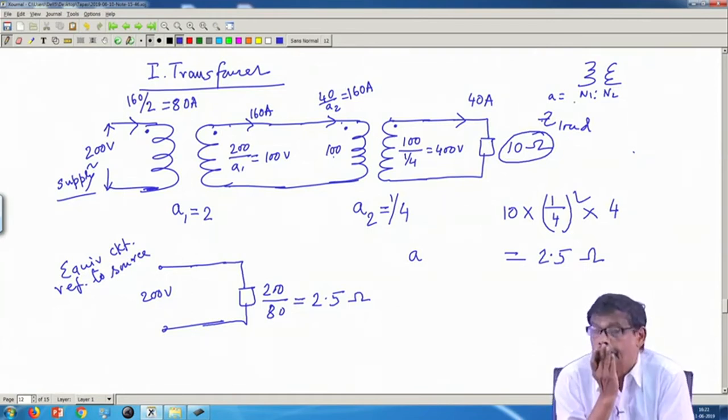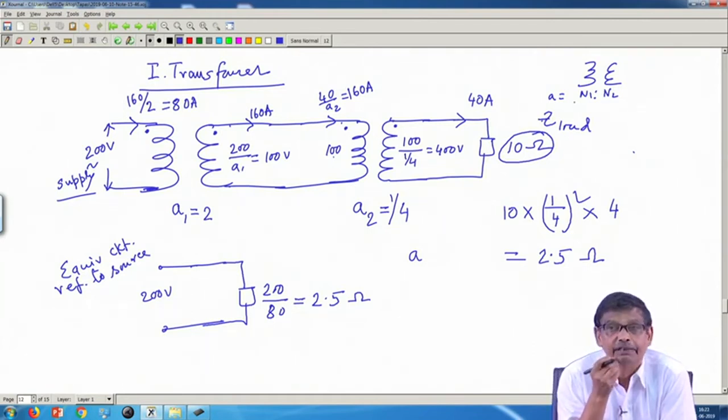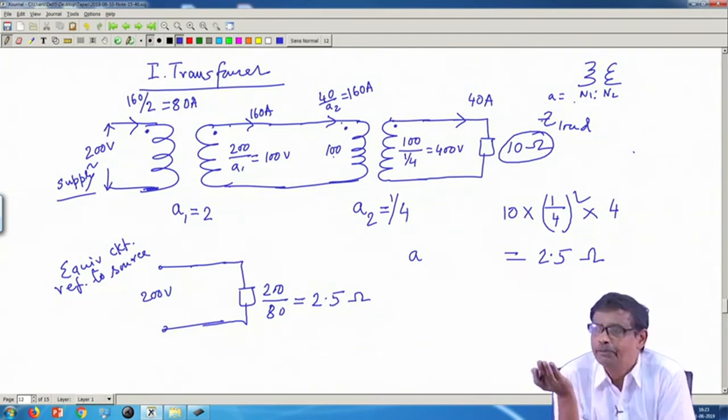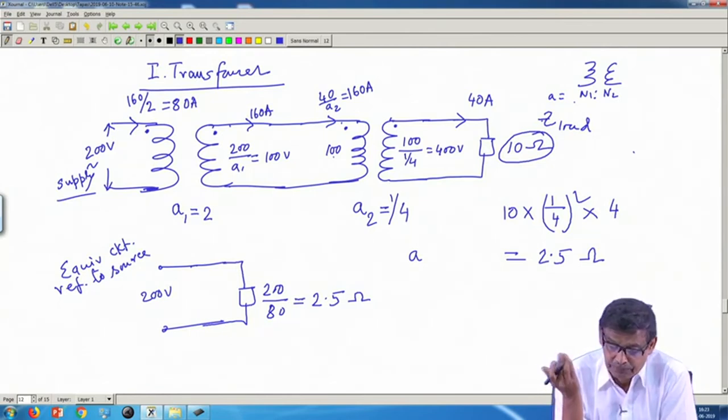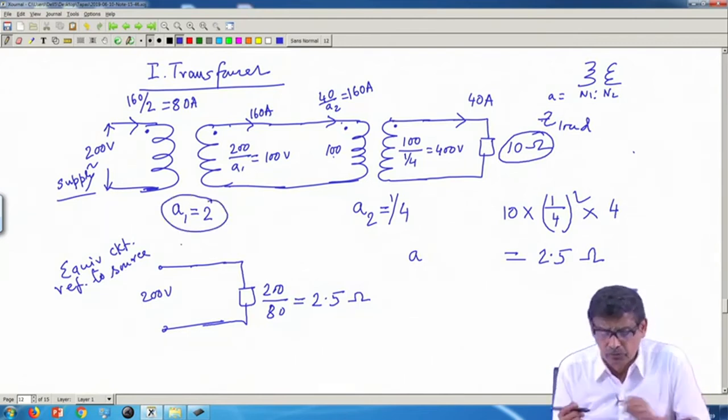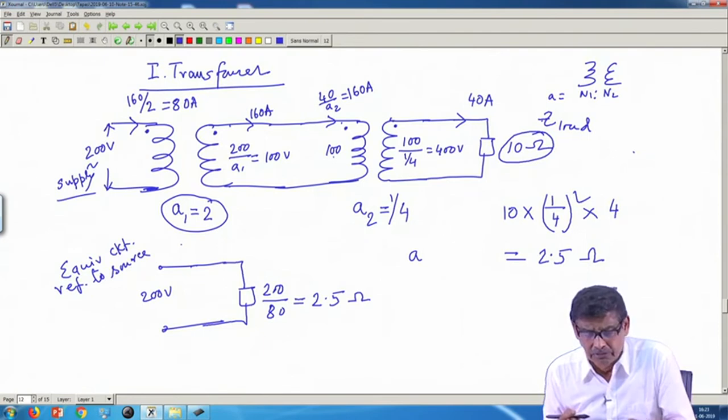You should always remember current on the LV side will be higher. Voltage on the LV side will be lower. For example, take this transformer, turns ratio is 2, 200 volt, LV side voltage will be lower and A is greater than 1.